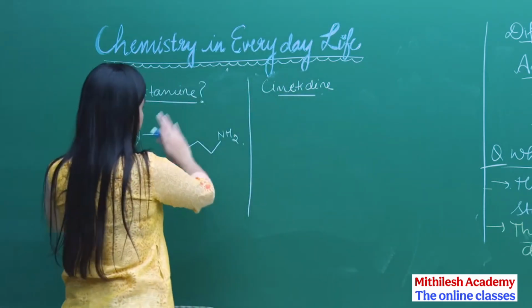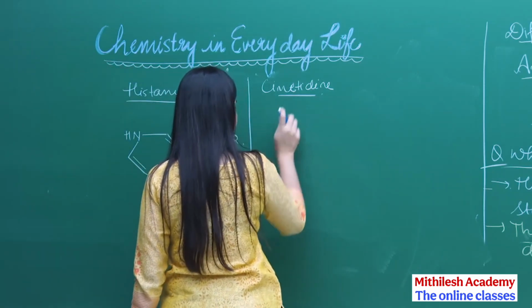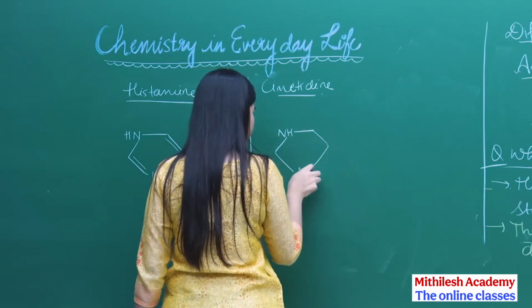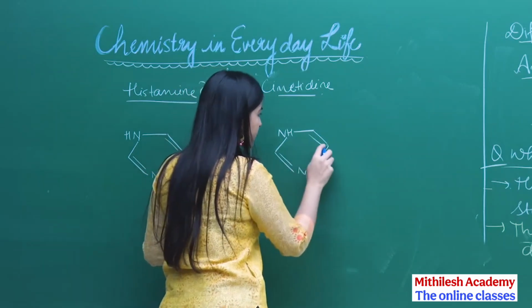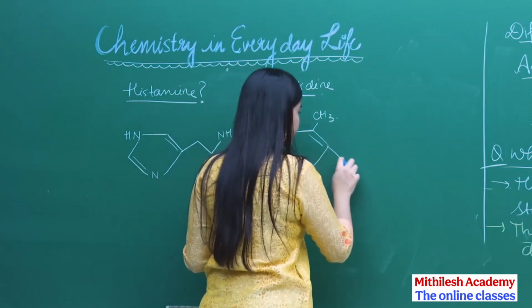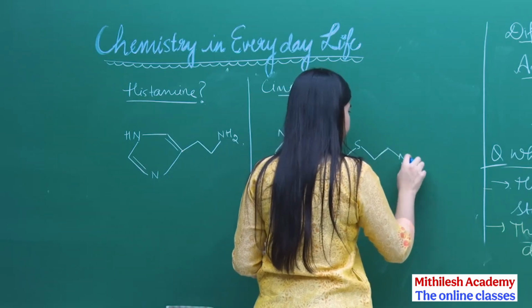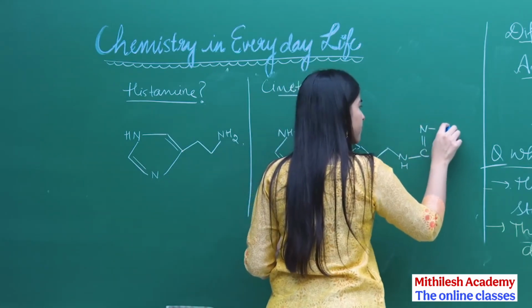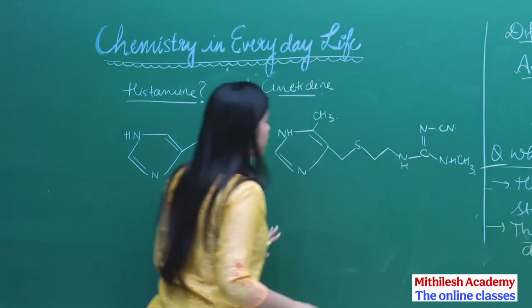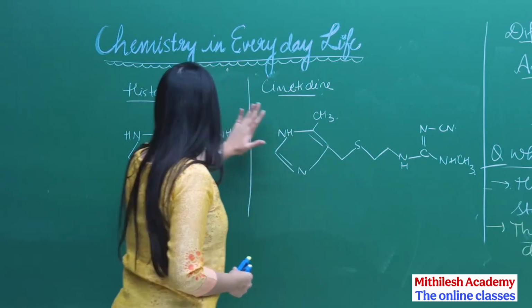Cimetidine is somewhat similar to histamine. And what do I have over here? A methyl attached. So that is what cimetidine is. This is the basic structure, somewhat similar to our histamine.